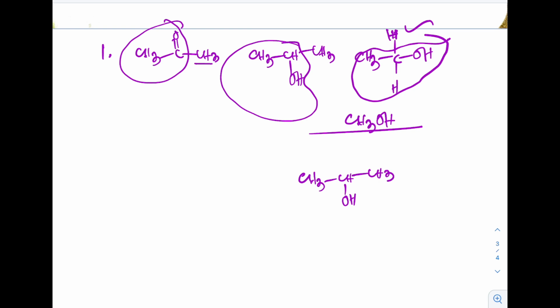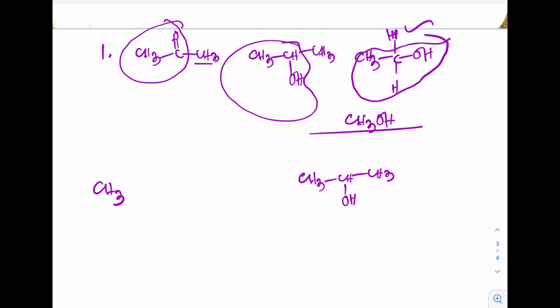This is basically a 2-degree alcohol. When an aldehyde, any aldehyde except formaldehyde, reacts with Grignard reagent, it forms a 2-degree alcohol.